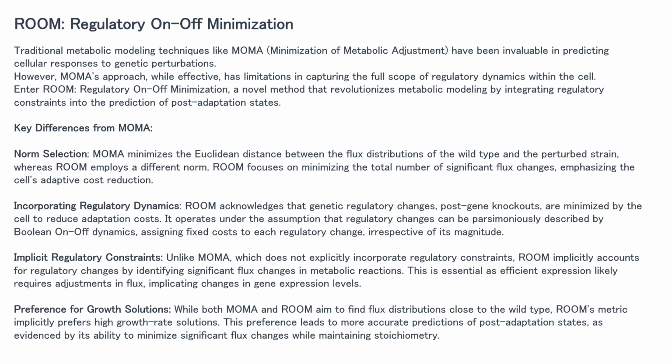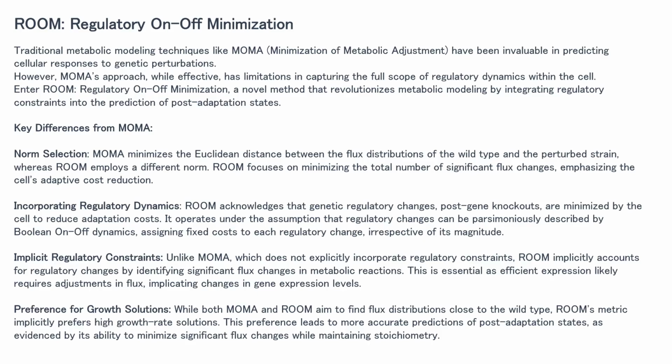It incorporates implicit regulatory constraints and accounts for regulatory changes by identifying significant flux changes in metabolic reactions. This is essential as efficient expression likely requires adjustment in flux, implicating changes in gene expression level, which it takes into account.